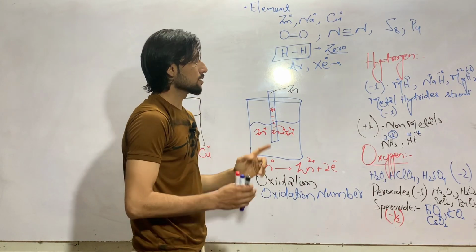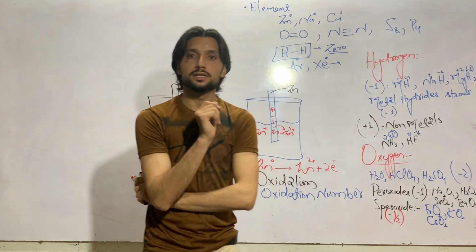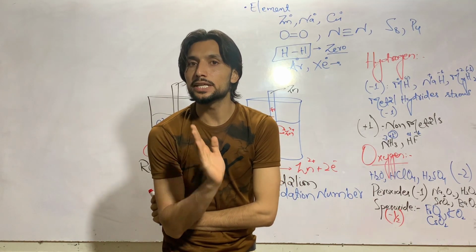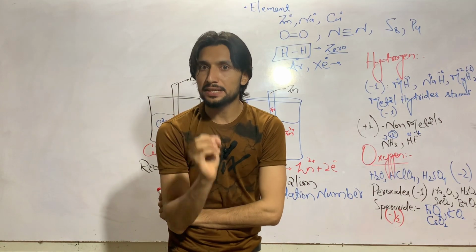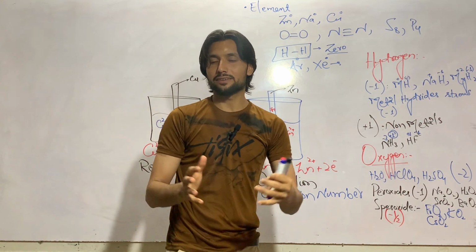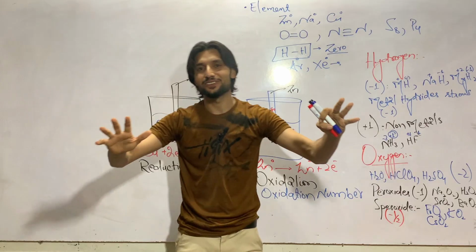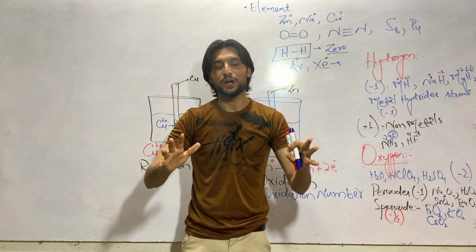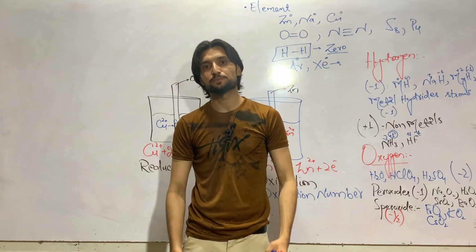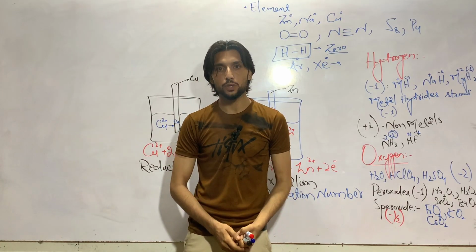But now you must remember that in our periodic table, we must remember 14 elements that have fixed oxidation states, and remembering them will give us a lot of knowledge about finding oxidation states of different elements in a compound.